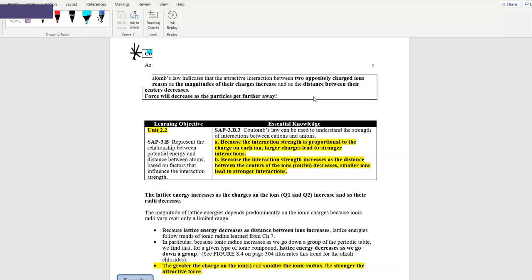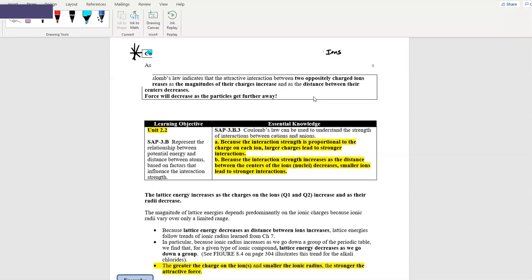So when they have opposite charges and the magnitude increases, then you will have a smaller radius between the atoms, or actually the ions, sorry. And over here, you would have a larger radius between the ions.